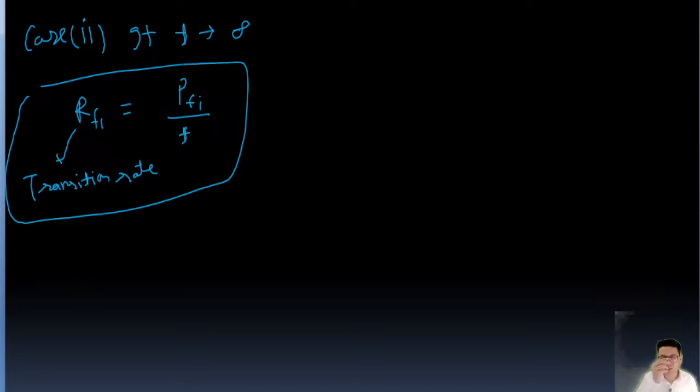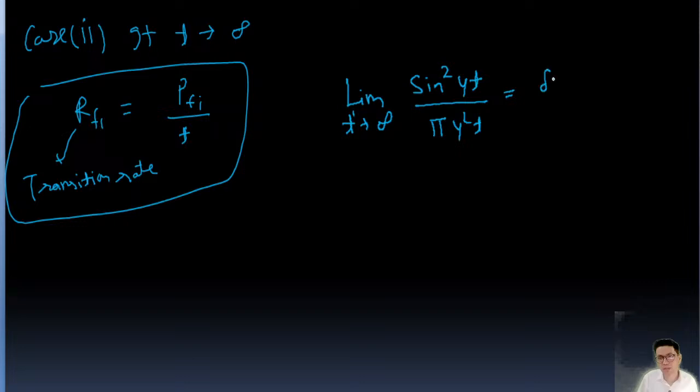Here you need to know one thing, which I'm going to write: limit t tends to infinity of sine square yt upon pi y square t is always delta y, the Dirac delta of y.